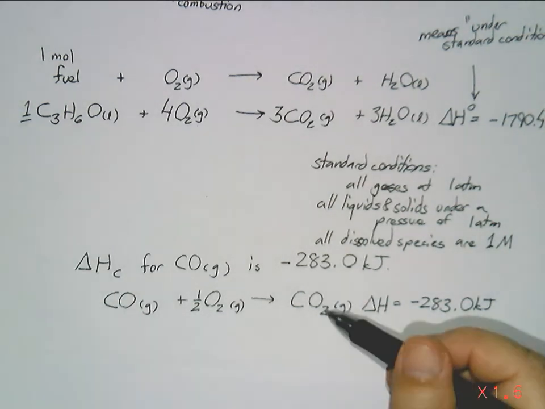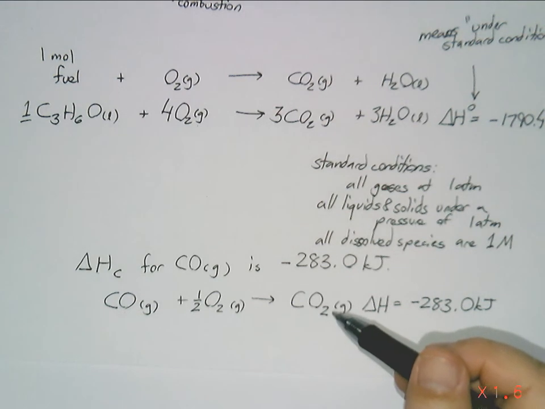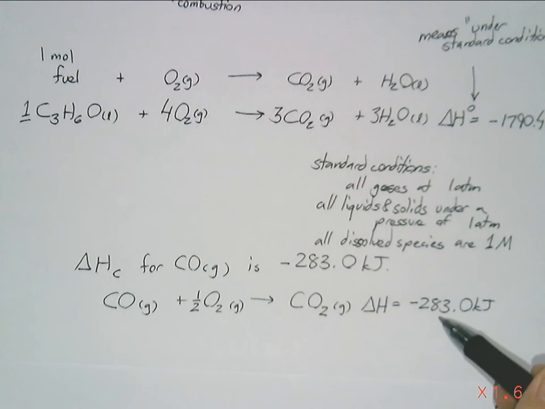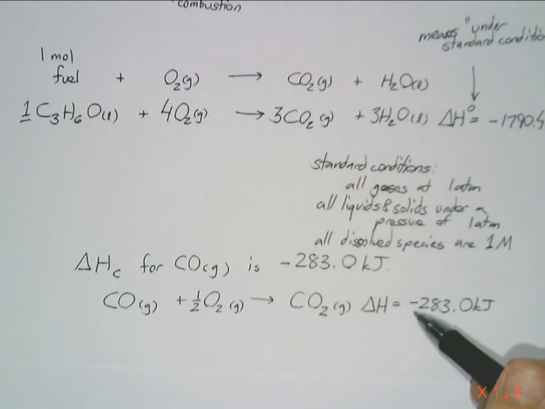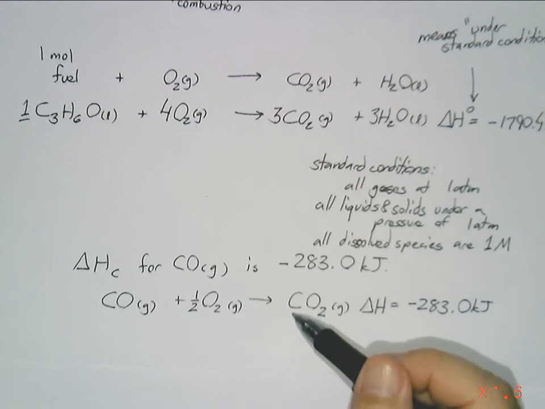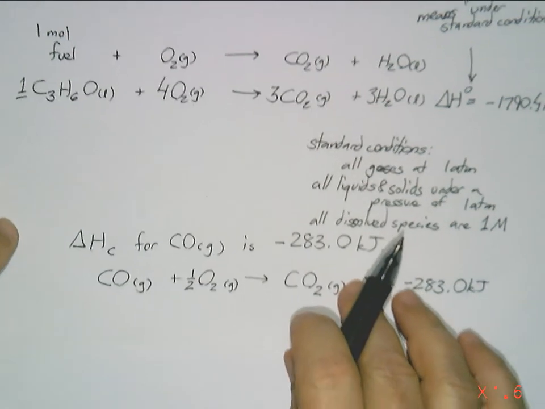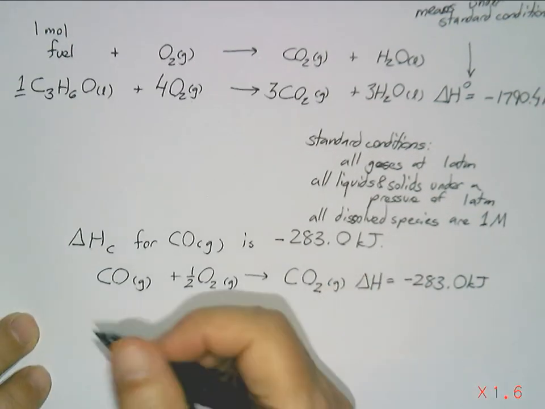Well, you can't really call this a formation equation for CO2. Why not? Why could I not say this is also the delta H of formation for CO2? It's not. That would be a good test question. Why isn't this the formation equation? Because according to the last video, your reactants have to be elements in their most stable form. What would the formation equation for CO2 look like?